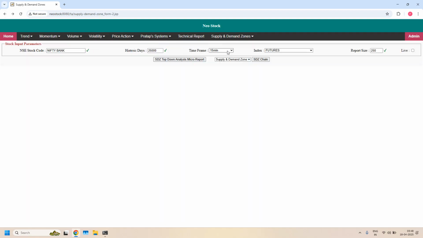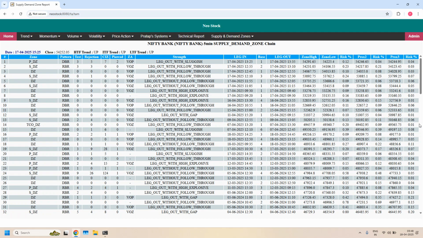Next, generating 5 minutes supply demand zone chain for Bank Nifty. So this is about Bank Nifty supply demand zone chain. So with this we have completed both Nifty and Bank Nifty supply demand zone chain.